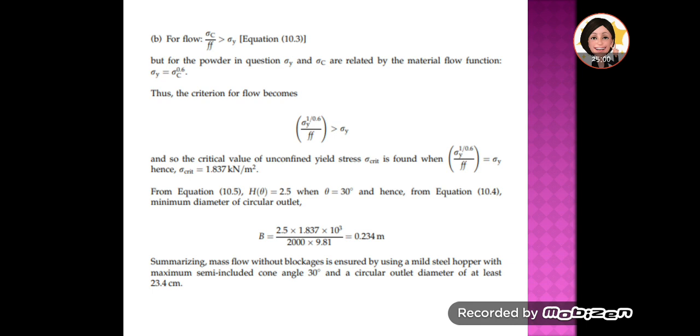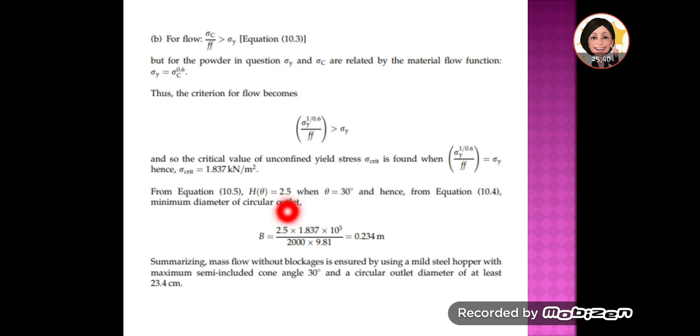Now with that answer, we can calculate part B, the minimum diameter of circular outlet to ensure flow when the outlet is opened. We use this equation, and we have a function given here. If we substitute the sigma c, we get this. The critical value of unconfined yield stress is found when it is equal. Why are we looking for the critical value?